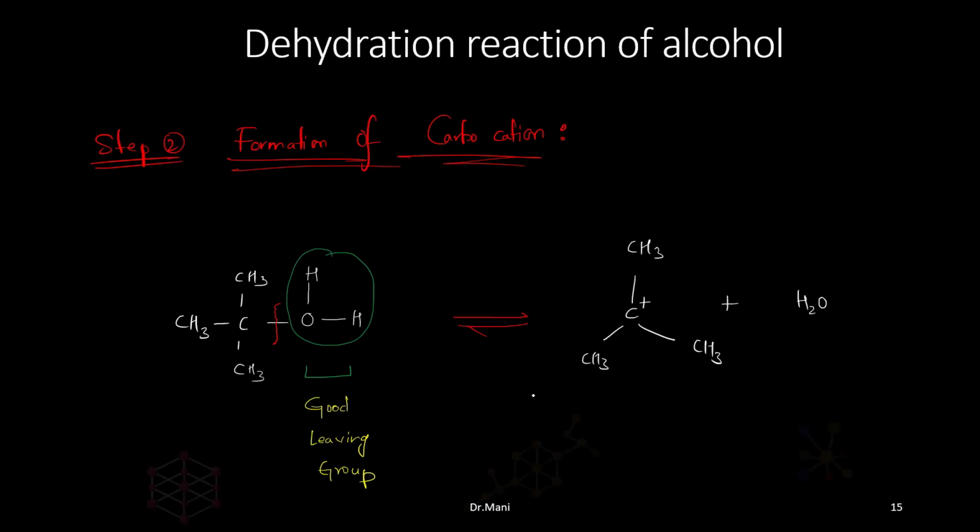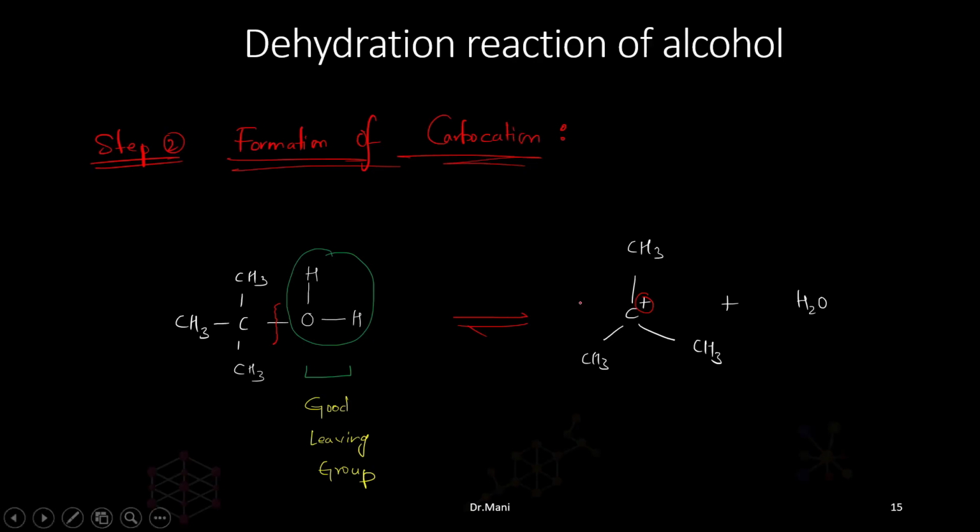Understood? This guy has broken the bond, and because of that you will have the positive charge. So that's the formation of carbocation. You understood why it got the name carbocation? Because of this. So this is step number two.